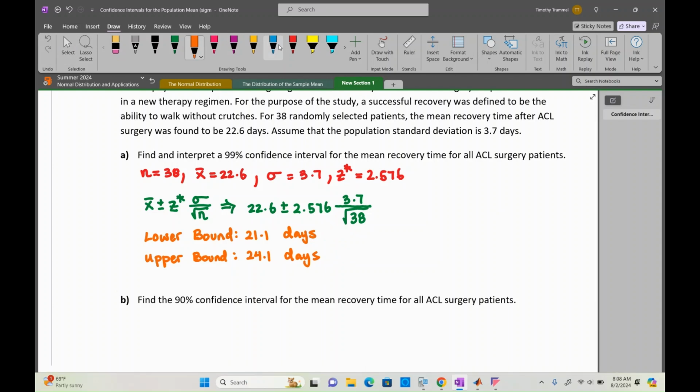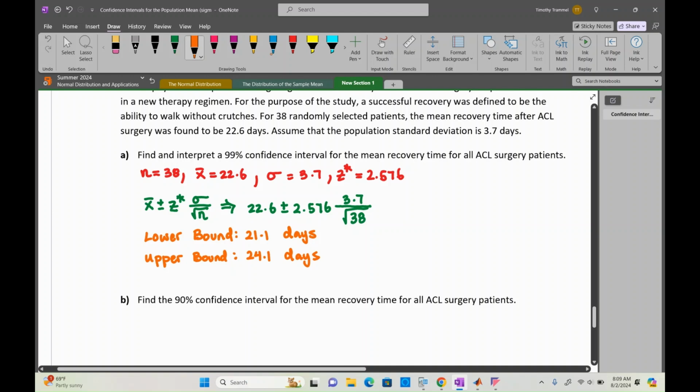We have something called interval notation, which is a common way to write your confidence intervals. Where you use a parenthesis, you first write the lower bound, comma, and then the upper bound. Okay. All right, but we were asked to interpret this.